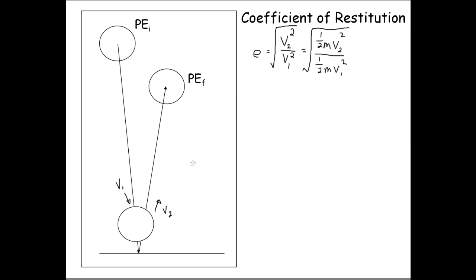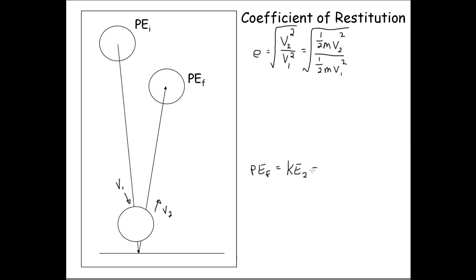Now there's some assumptions I need to make. I need to know that by conservation of energy, if I don't lose energy in this bounce or right after the bounce, then my PE final, which is given up here, has to equal my kinetic energy at location 2.